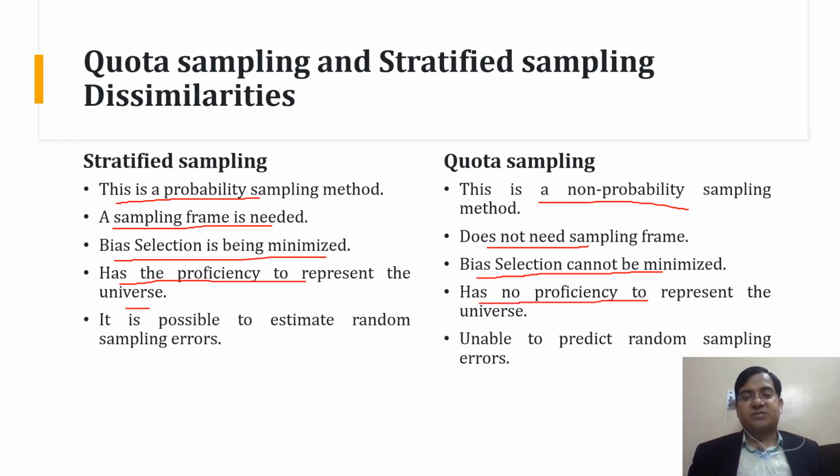It is possible to estimate the random sampling error under stratified random sampling, but quota sampling is unable to predict the random sampling error. These are the dissimilarities between quota sampling and stratified random sampling.